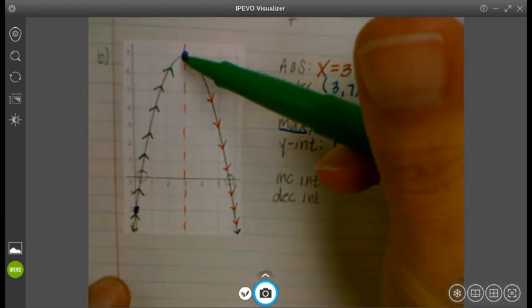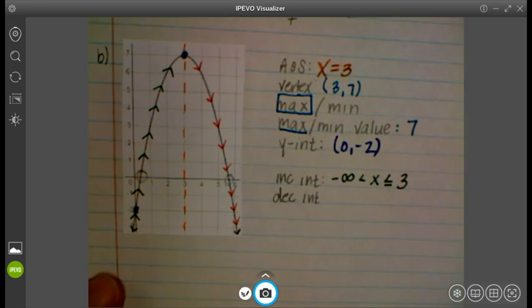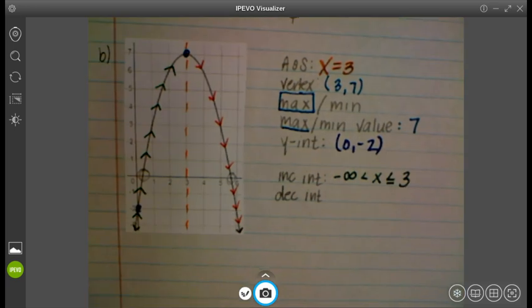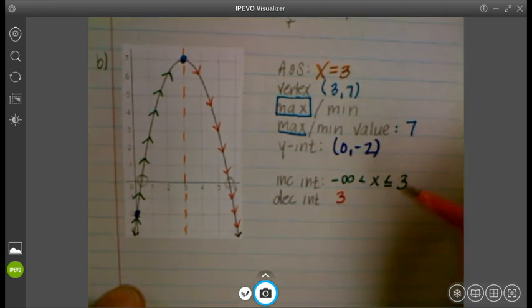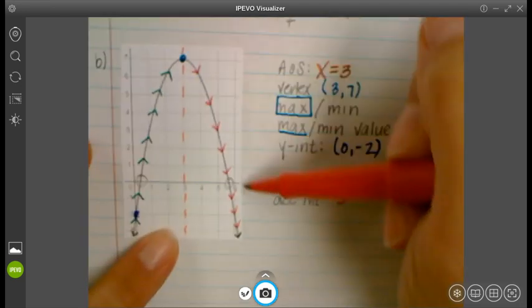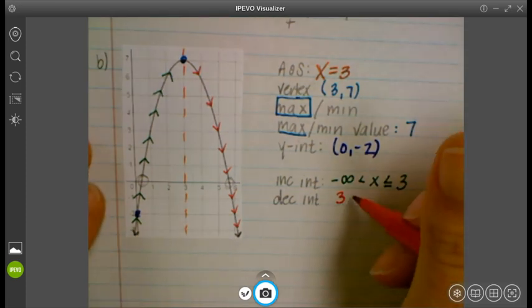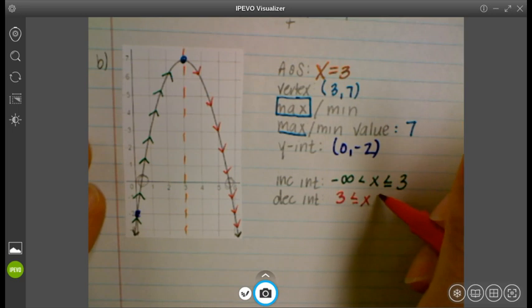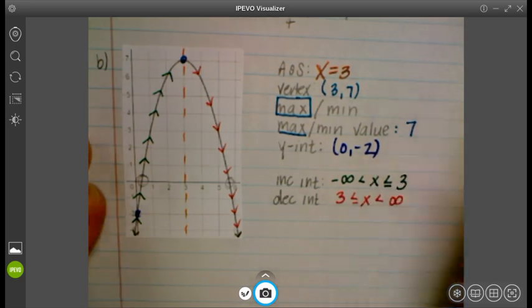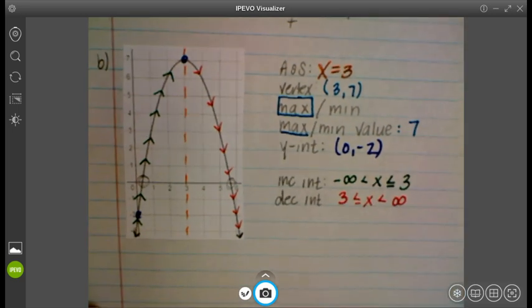And then at that point, it turns around and now it's decreasing. So our graph starts decreasing at positive 3 all the way to the right, which is positive infinity. So 3 is less than or equal to x, which is less than positive infinity.